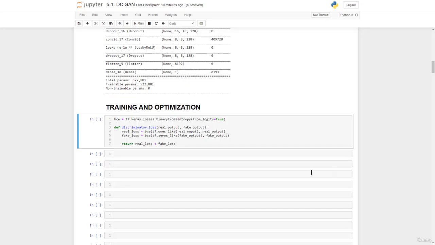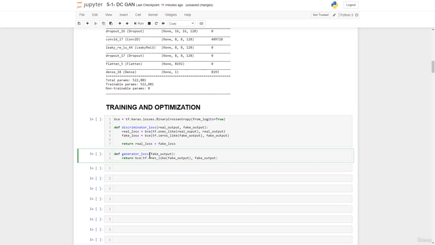We shall now compute the loss for the GAN, or for the DCGAN. This is made of the discriminator loss and the generator loss, as we've seen in the papers. For the discriminator loss, we have two subparts. The first part, we're considering that the output we get is real output, that is output from real data, and the second part is a fake output, that is output from fake data.